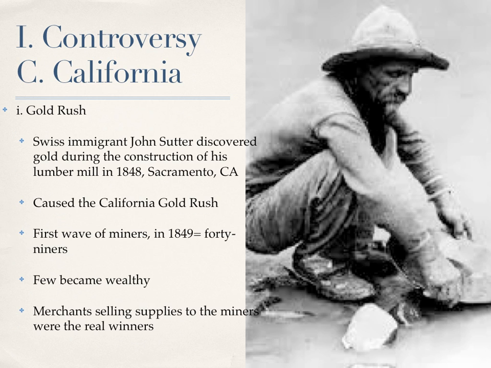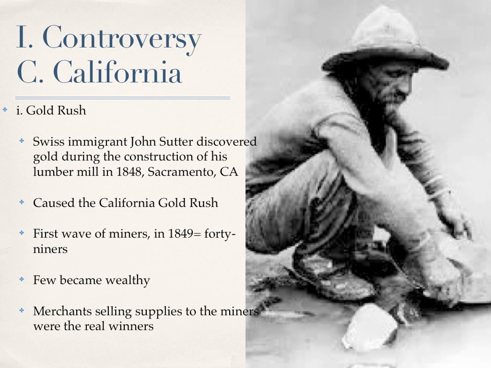Okay, California. California is also going to add to the sectional tensions between the North and the South. It's a territory that we've acquired from Mexico, and while we wanted it mostly for the access to the Pacific Ocean, something's going to happen that changes all of that.